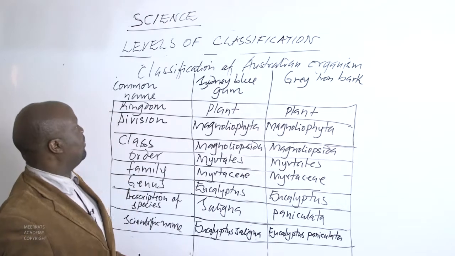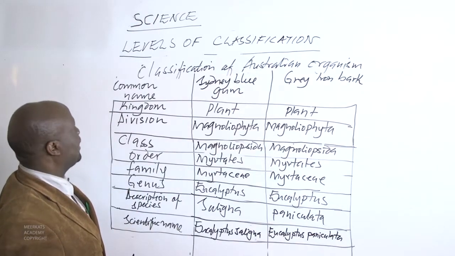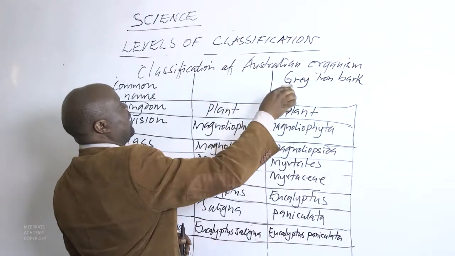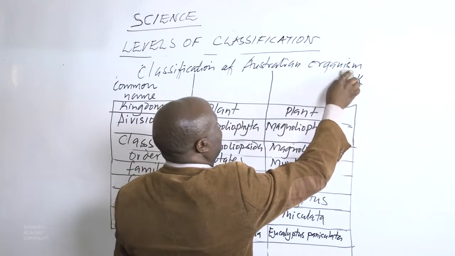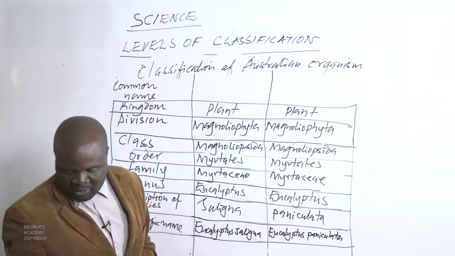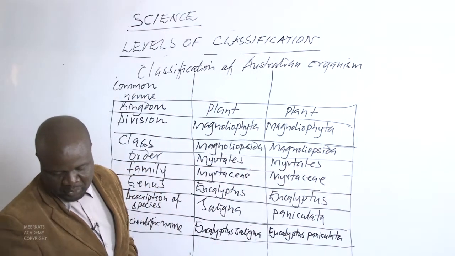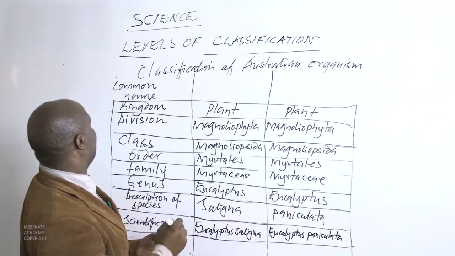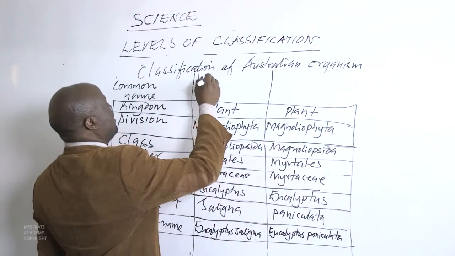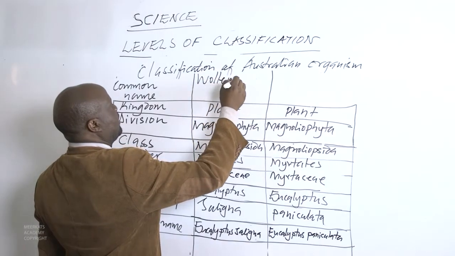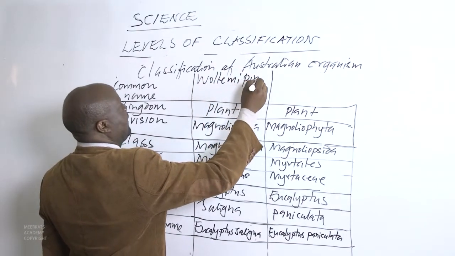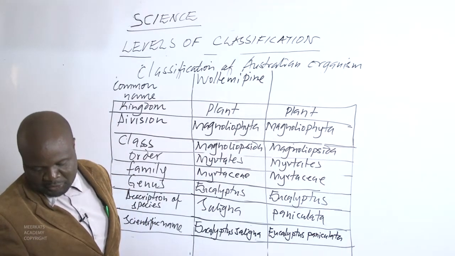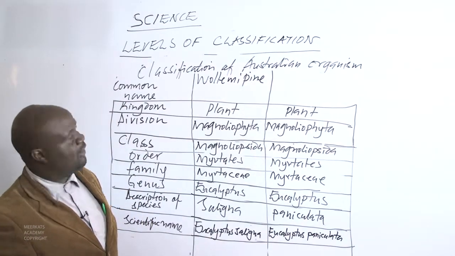So the other example is how we can classify other plants apart from this, and we see the differences they will bring in. We have the Wollemi pine, a tree called Wollemi pine. We want to classify the Wollemi pine and also the lacy tree fern.